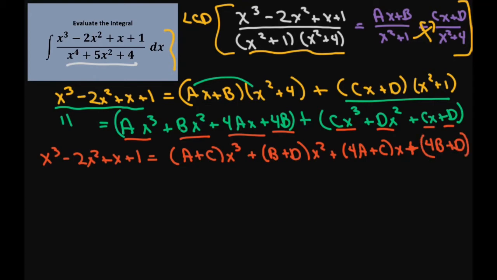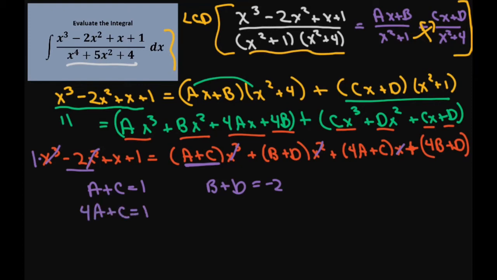So now let's equate coefficients, and that's going to give us a plus c equals 1. And then we have b plus d equals negative 2. And then for your x's, you're going to have 4a plus c equals 1.